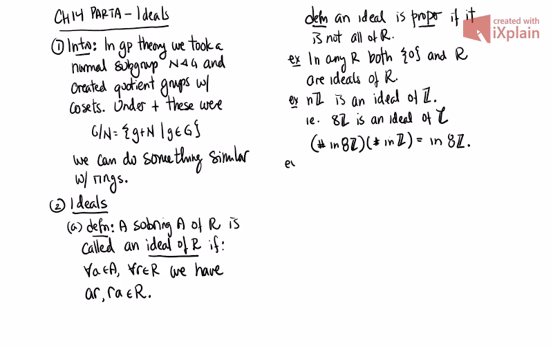And something a little less obvious, but still pretty easy to see, is if you let the ring be Z[x], so Z[x] is all the polynomials with integer coefficients.